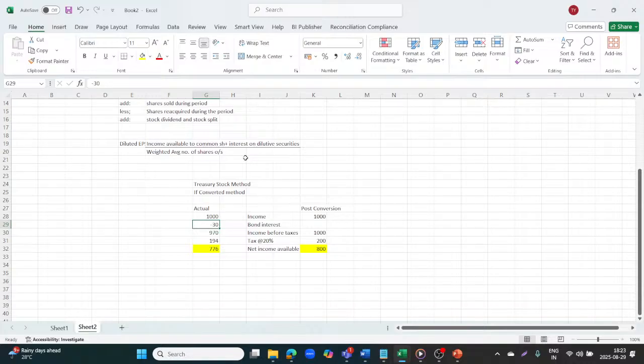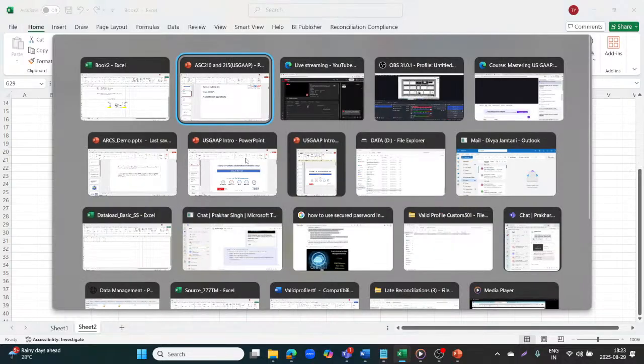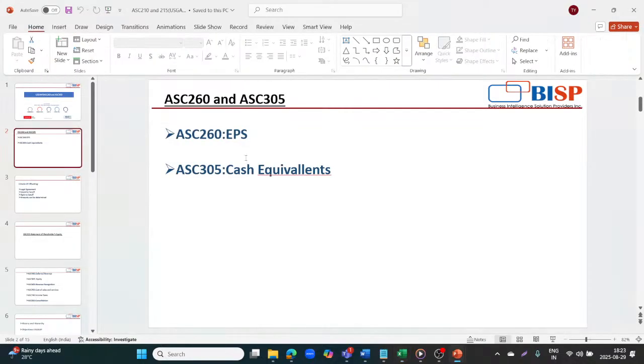Okay, now we'll start with the second accounting standard, that is 305, which is issued by FASB, that is the Financial Accounting Standards Board. It provides a framework for defining and reporting cash and cash equivalents in the financial statements. So now we are talking about Accounting Standard Codification 305.